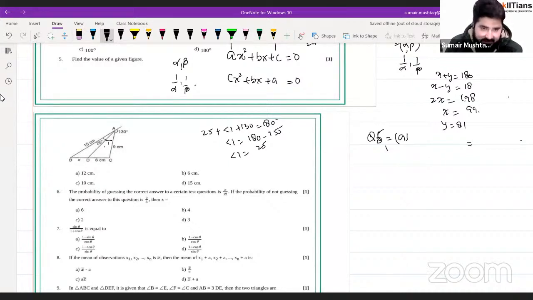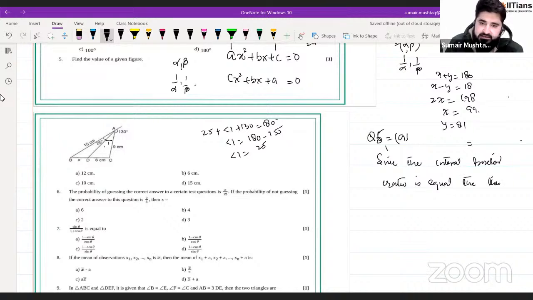Suppose this would be a 2 marker question, what I will write here: since the internal bisector, okay, all this has to be written. The internal bisector of an angle divides the opposite side in the ratio of the sides containing the angle.